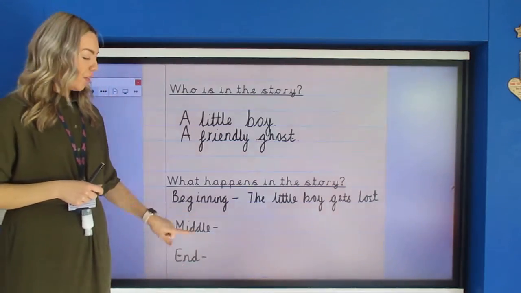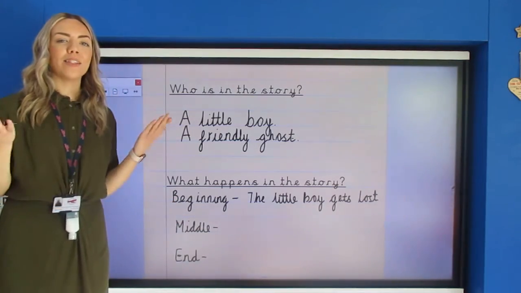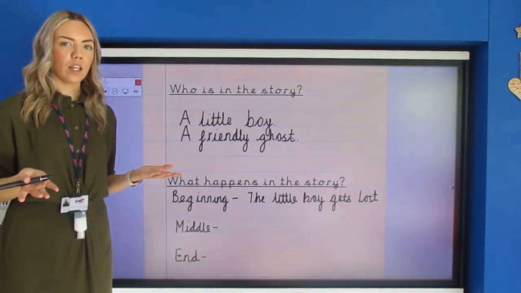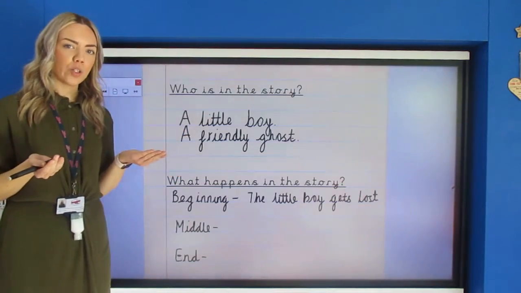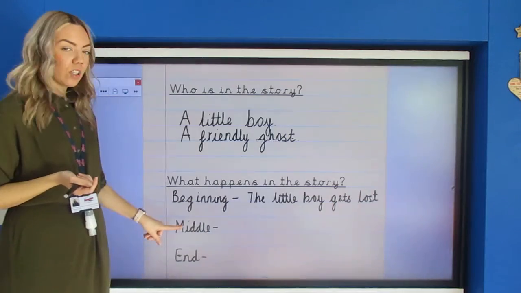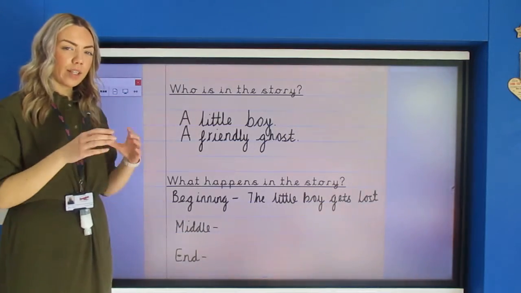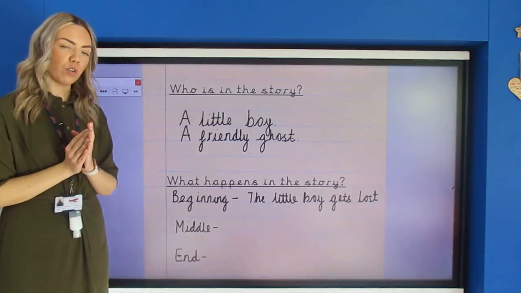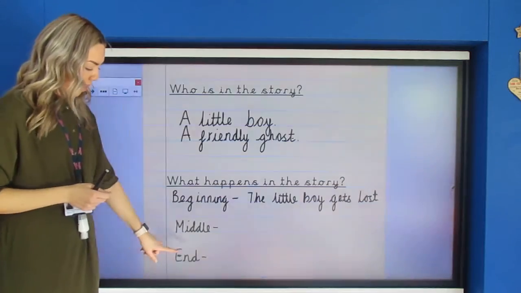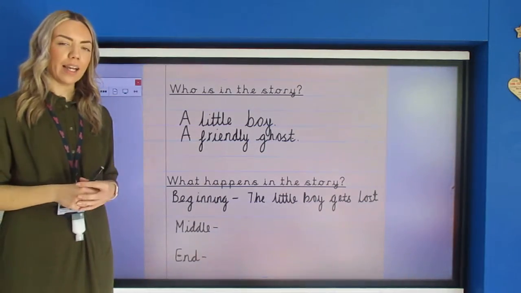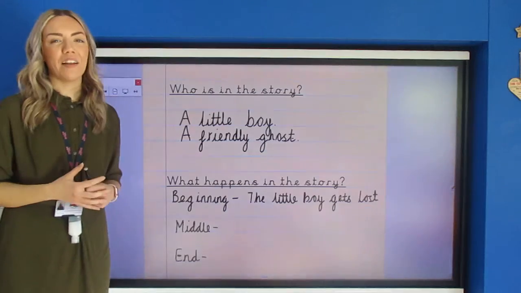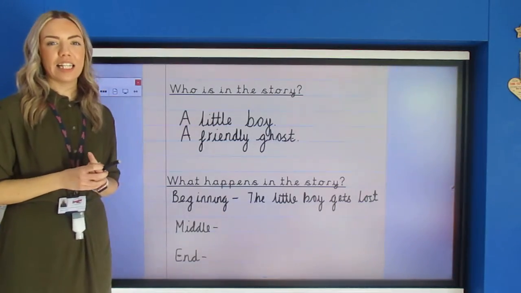Now, thinking about the beginning, what happens at the start of the story? Think about your characters, what might happen at the start. Then the middle, what's going to happen next in your story. And then the end, what will happen last, okay? And normally at the end, it's a happy ending, isn't it?